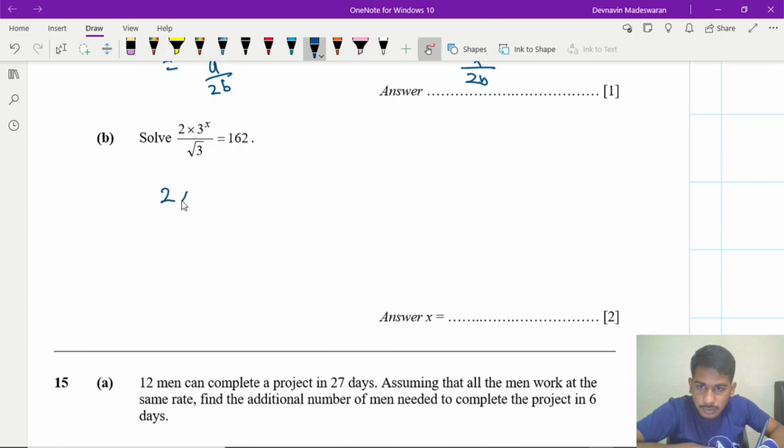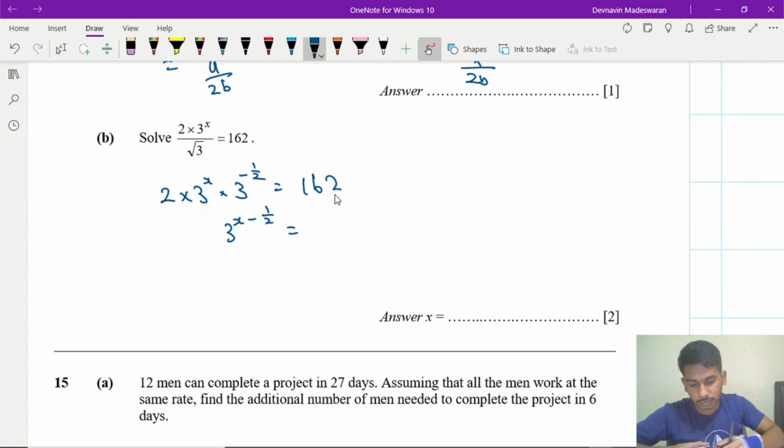So of this, it's going to be 2 times 3 to the power of x minus 1 over 2 equals 162. What is 162? We don't need to know what is 162, I think. So 3 to the power of x minus 1 over 2 is equal to 162 divided by 2, which is 81. I suspected this.